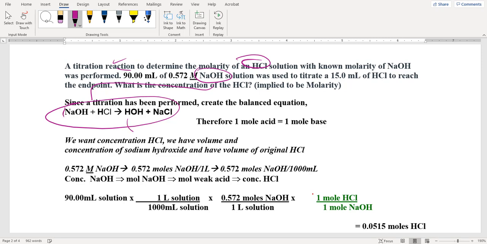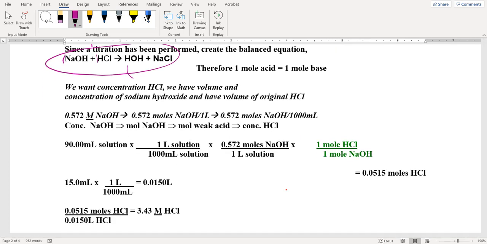It's already been balanced, so 1 mole of base equals 1 mole of acid. We want the unknown concentration of HCl. First thing we do is we turn molarity into a conversion factor. Now I could do divided by 1,000 mils, but I decided just to separate out into a separate step. 1 liter is 1,000 mils, so it cross cancels.